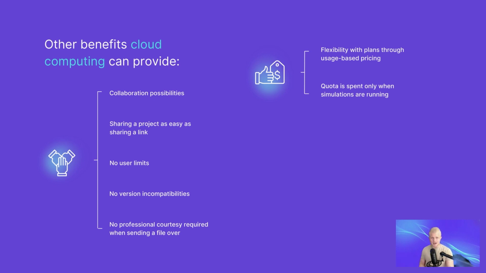Even further, as the pricing is usage based, the quota only gets consumed when the simulations are running, meaning that with the sporadic nature of simulation work, there will never be expensive licenses sitting idle when there isn't a need to run simulations. And when the simulation season is on, so to speak, the number of licenses or computational capacity will never be a bottleneck.